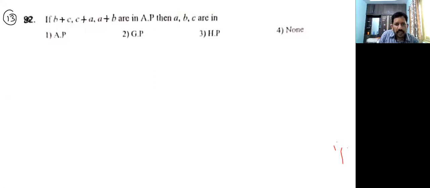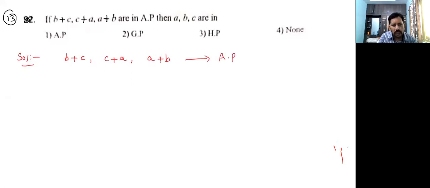So what is the given condition, observe that first. B plus C, comma, C plus A, comma, A plus B are in AP series, arithmetic progression.